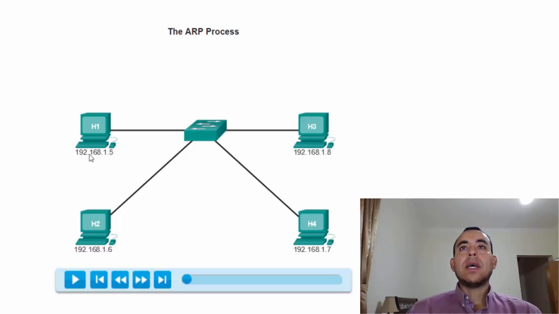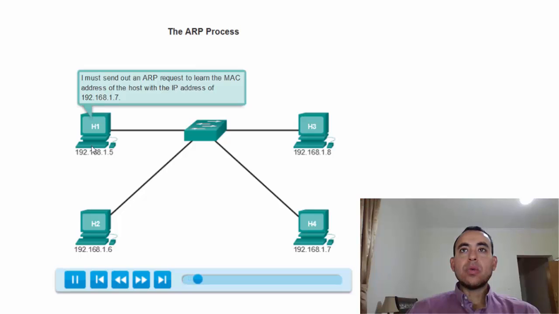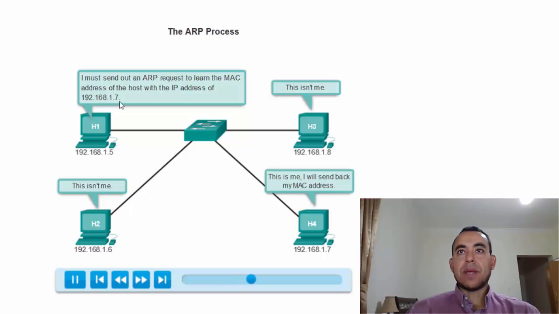To understand this concept, resolving the IP address into MAC addresses is done by each node sending a request, which is what we call an ARP request. The source node will send an ARP request to learn the MAC address that corresponds to a particular IP address.